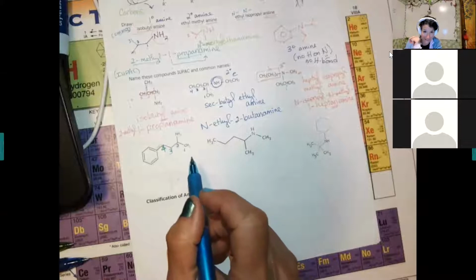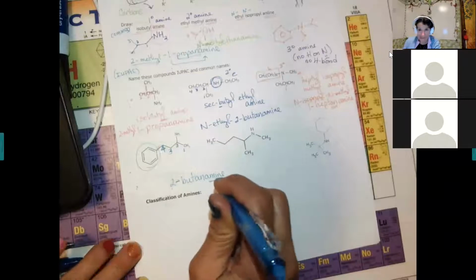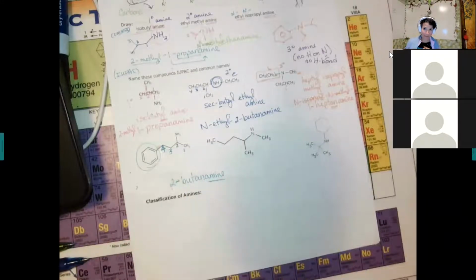The nitrogen, again, does not have to be at carbon number 1, just like with alcohols, so 2-butanamine. And then this is number 4. Since it is being named as the amine, the nitrogen has to be at the lowest number possible.